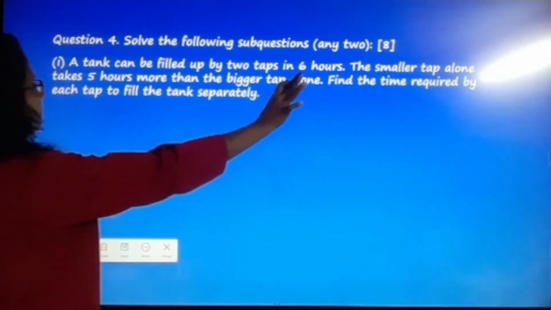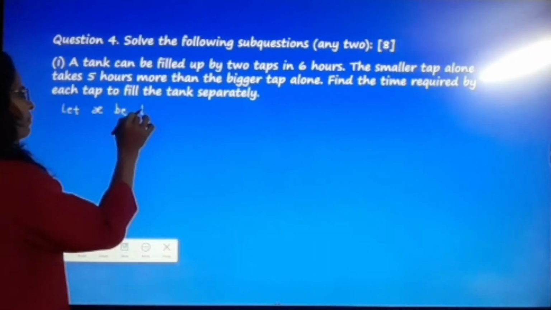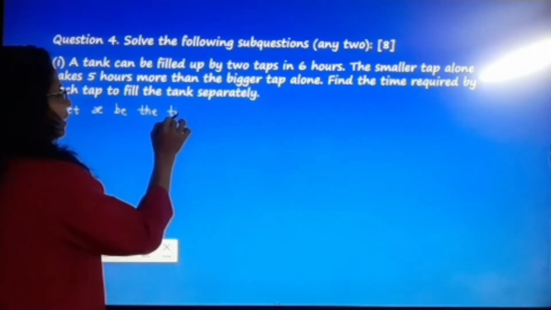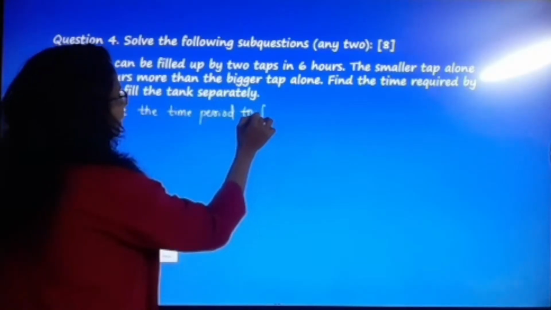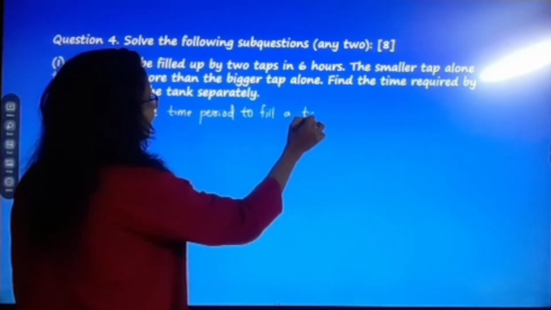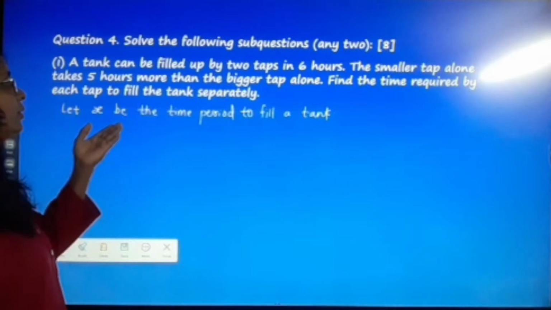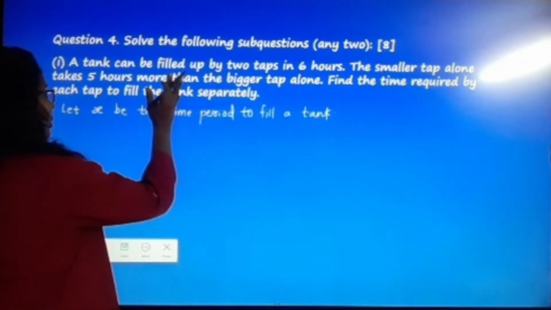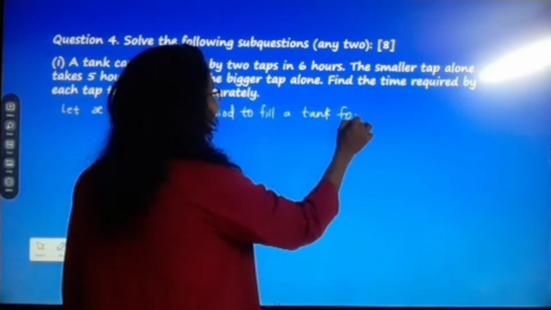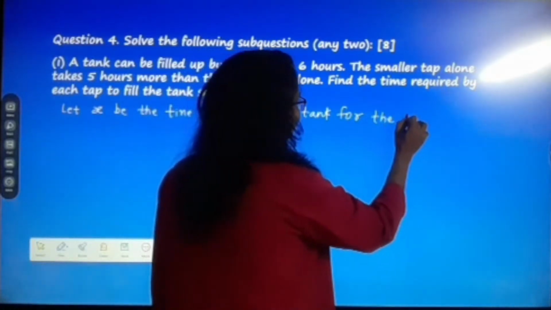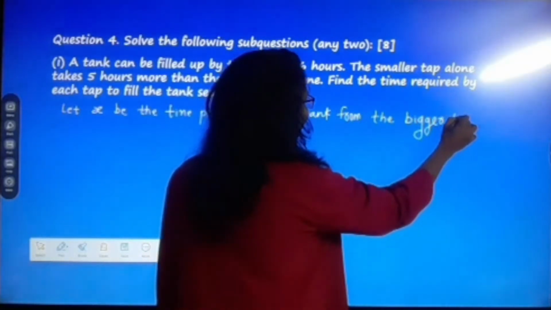Let x be the time period to fill a tank from the bigger tap.